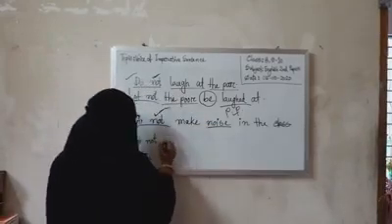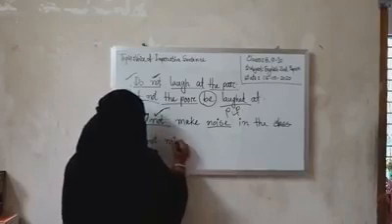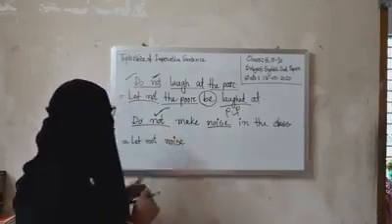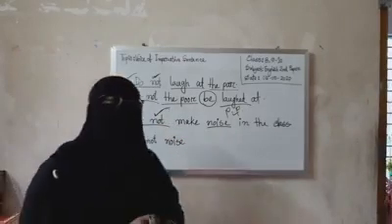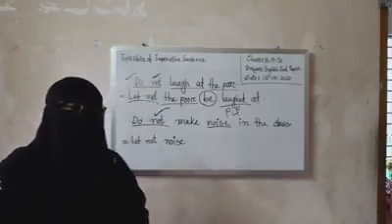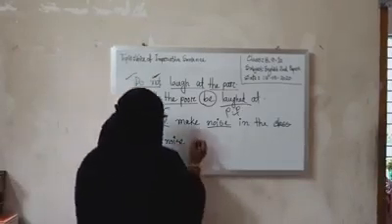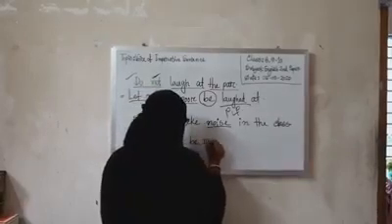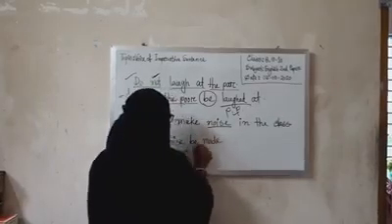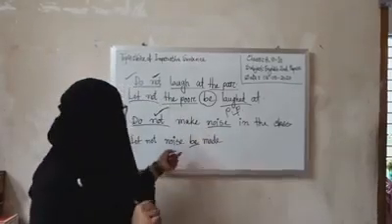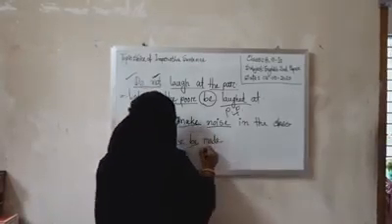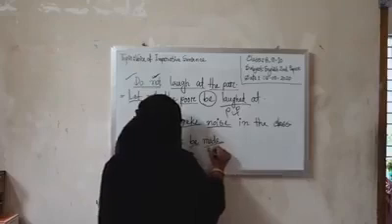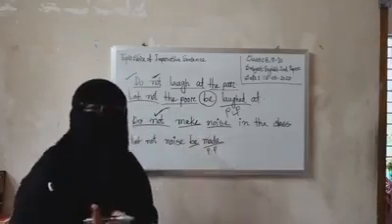Let not noise. Then what should we use? We should use "let not noise be". We should use "be" as a rule and then the past participle form of the main verb and then the extension.